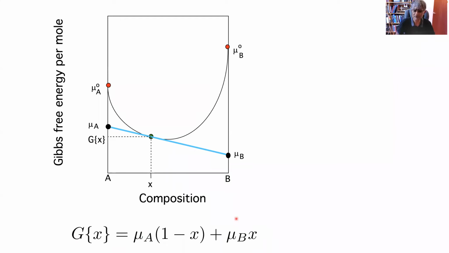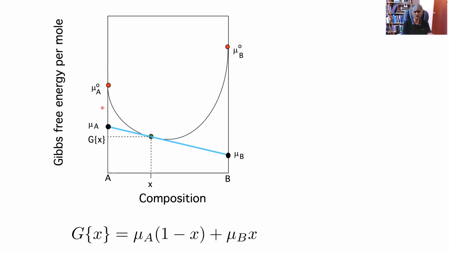So effectively, what this equation says is that we have separated out the free energy of a solution into two parts. One is purely due to the A atoms, this term here, because this is the concentration of A and the chemical potential of A. And this is the concentration of B and the chemical potential of B. So you need to think about chemical potential as giving you an indication of the free energy of B atoms in a solution of a particular composition.